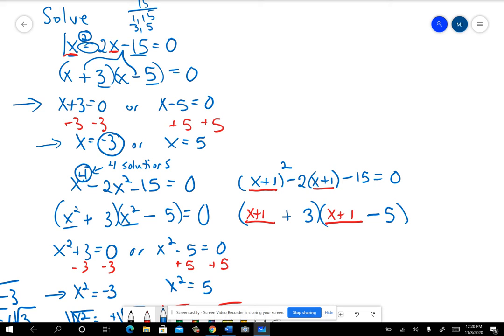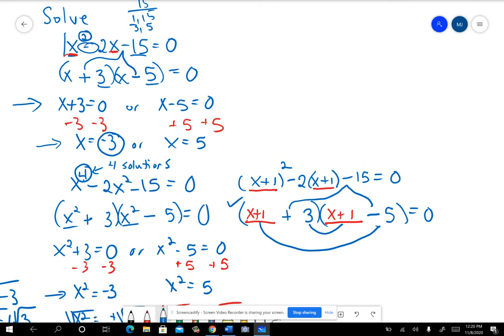All right, do you see how when you do the inside 2, you would get 3 times the quantity x plus 1. The outside 2 would be negative 5 times the quantity x plus 1. So you'd wind up with that same middle term. And you see how the negative and the positive multiplied together gives you the negative. So this step right here has been correctly factored.